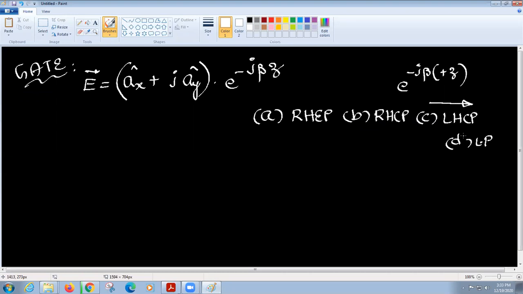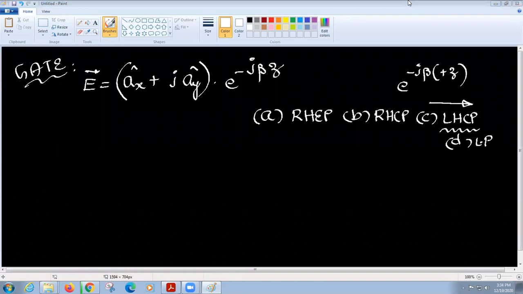How many of you vote for linear polarization? You can speak out. Okay, one of your friends said left-handed circular polarization. How many of you accept this? No one, but your friend is correct.